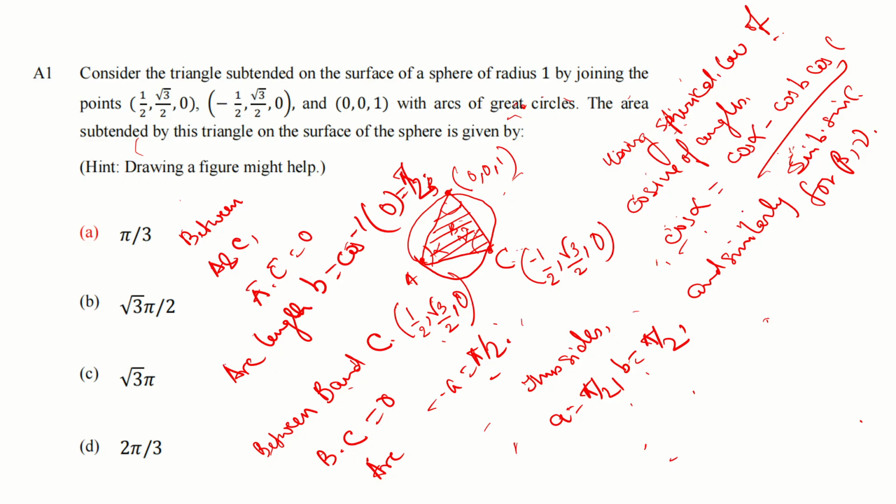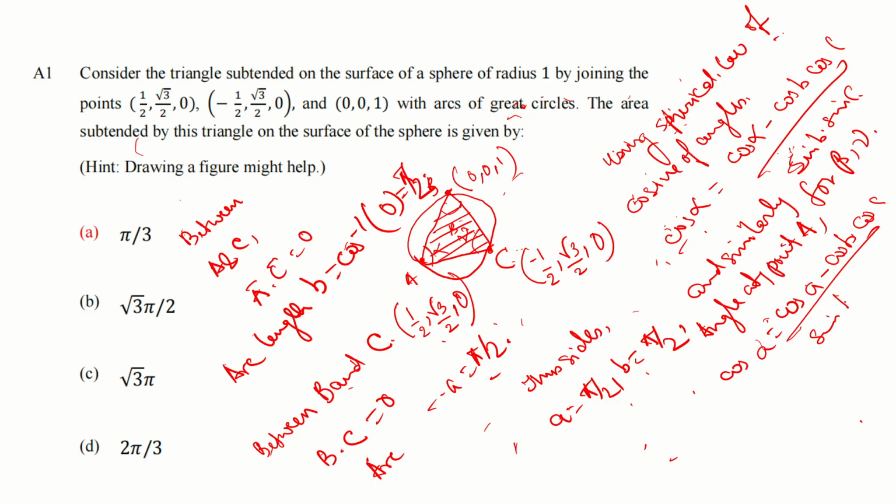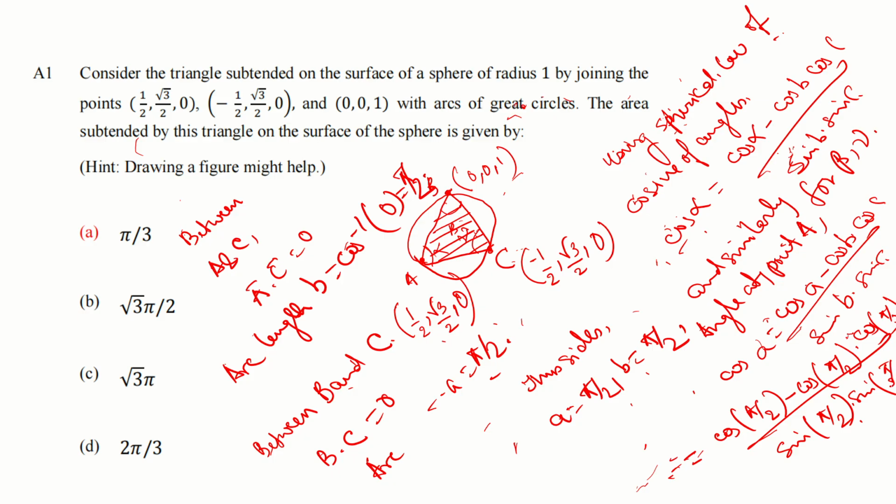The angle at point A can be written as cos alpha equals cos A minus cos B into cos C, divided by sin B into sin C. Right, so we can write cos pi by 2 minus cos pi by 2 into cos pi by 3, divided by sin pi by 2 into sin pi by 3.